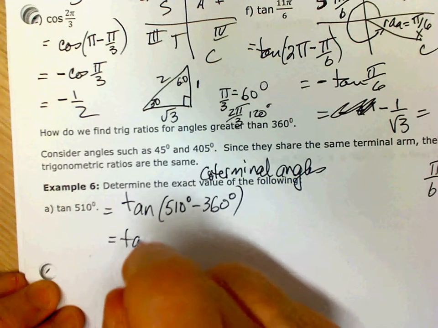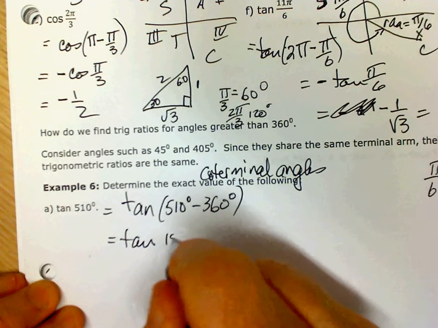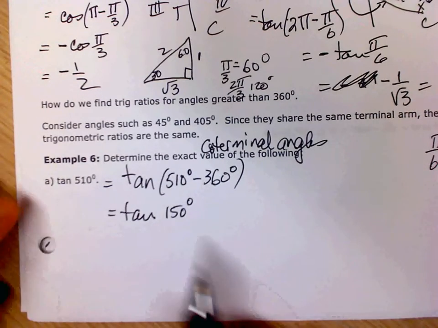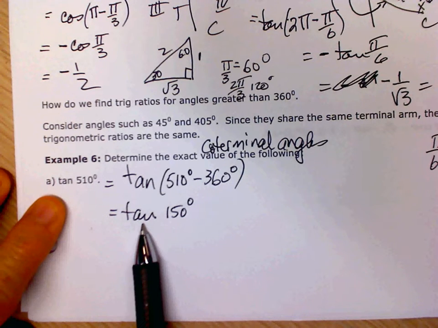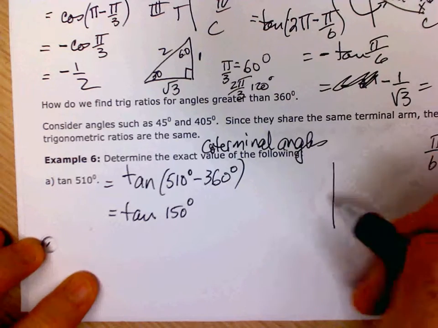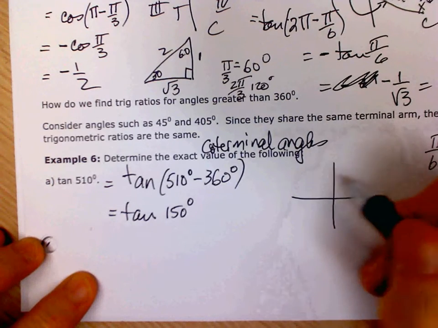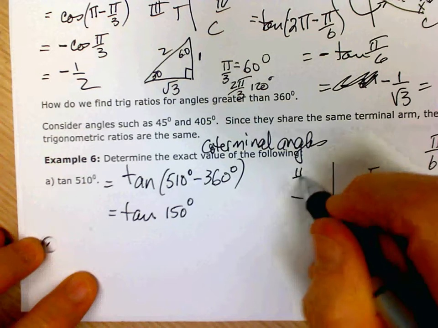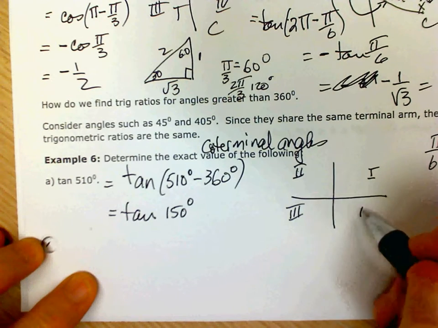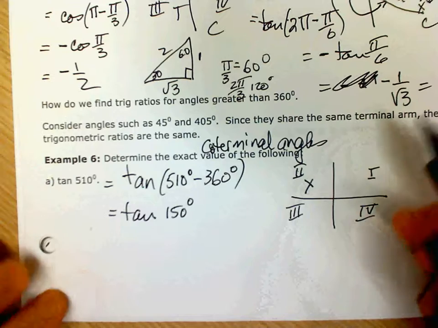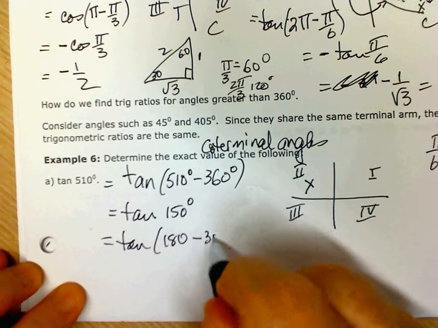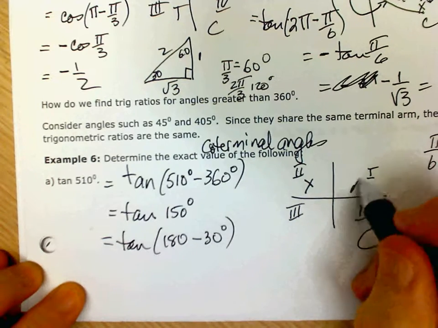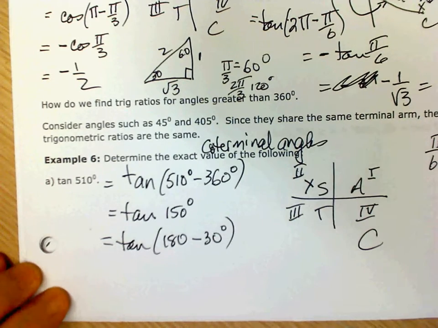So, because 150 and 510 are coterminal angles, they have the same tangent ratio. Now, 150 degrees will end up here in the second quadrant. This is going to be tan of 180 minus 30. Only sine is positive here, so right away this will be negative tan of 30 degrees.